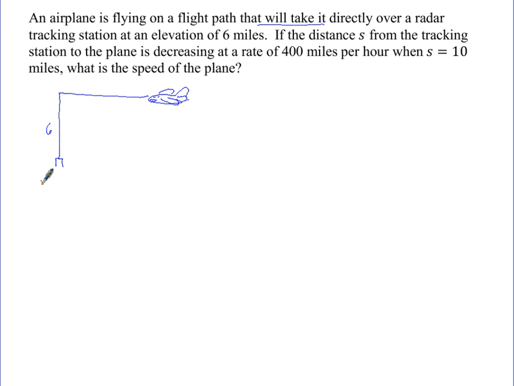Then it says, if the distance s from the tracking station to the plane, well, that's not this here, that's this. And they called it s. And it's decreasing at a rate of 400 miles per hour.